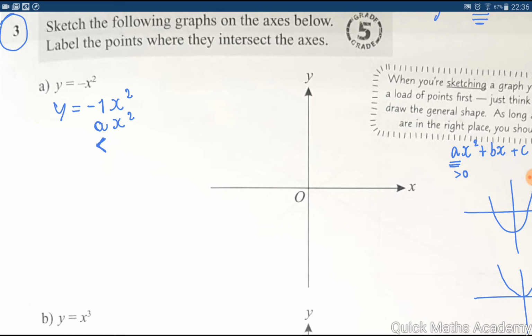And also, the other thing that I can see, if I try to find the zeros, I will have minus x squared equals 0. That means x squared equals 0, because it's 0 divided by minus 1, which is 0.